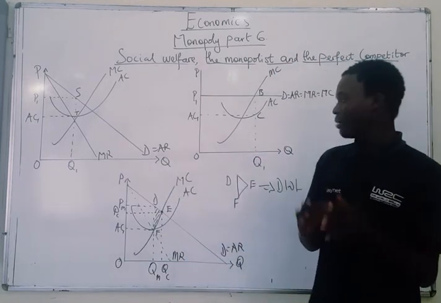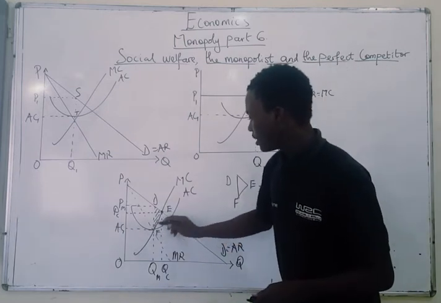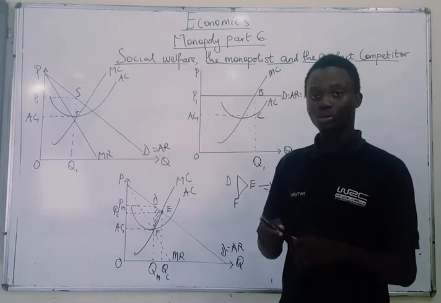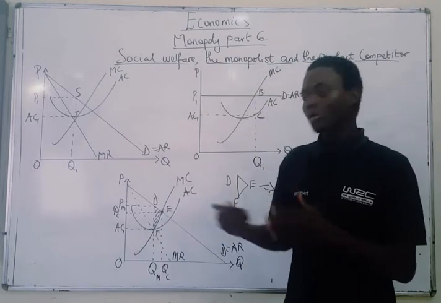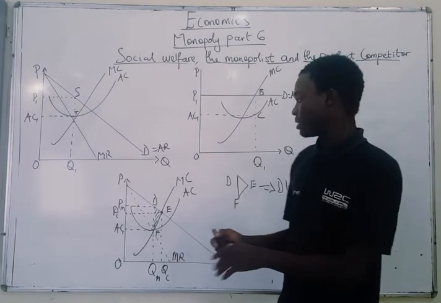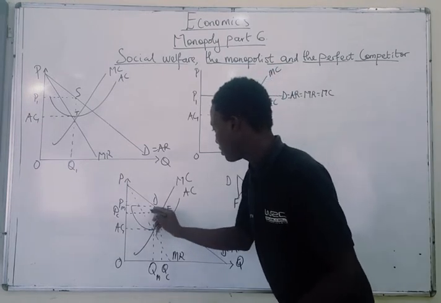And what we then observe is that all of these points up to this place, the part of this triangle up to this point, represent producer surplus that is lost due to the higher price the monopolist is charging and the lower quantity it is selling. Let me name it.